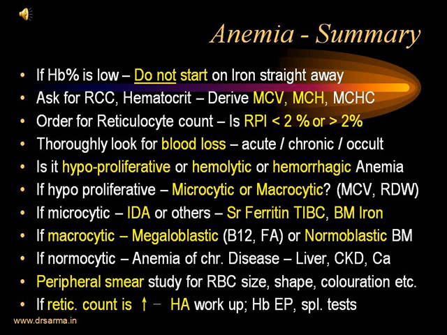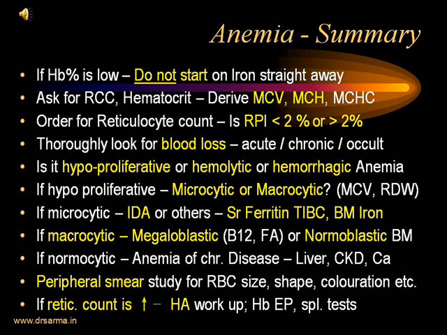Order a reticulocyte count, and this will be used to obtain the index called RPI, the reticulocyte production index. If the RPI is less than 2%, it suggests hypoproliferative anemia. If it is more than 2%, then we are dealing with a case of hemolytic anemia.